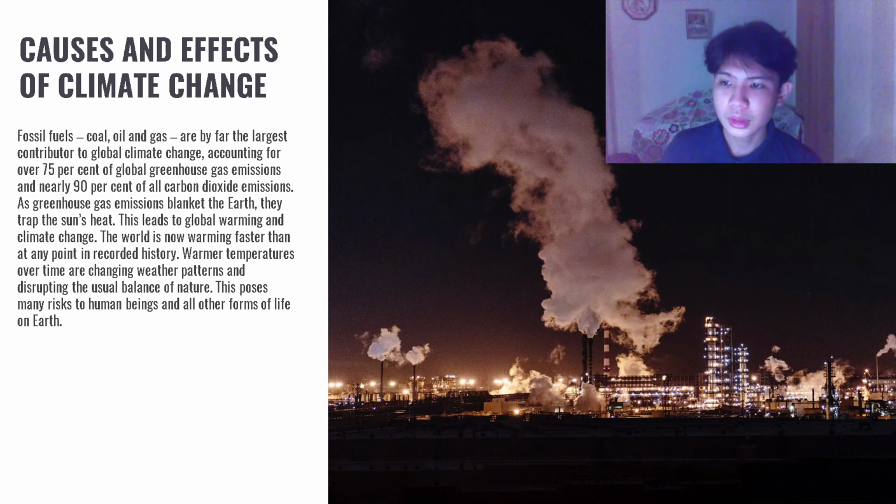As greenhouse gas emissions blanket the Earth, they trap the sun's heat. This leads to global warming and climate change. The world is now warming faster than at any point in recorded history. Warmer temperatures over time are changing weather patterns and disrupting the usual balance of nature. This poses many risks to human beings and all other forms of life on Earth.